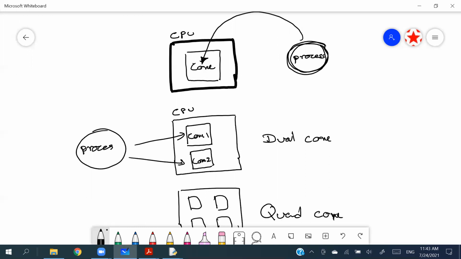It doesn't mean the entire process is executing inside both the cores, duplicating it. It's being divided into pieces. So one piece will be executed inside this core, and the other one is going to execute in the other core. So what happens is the efficiency will increase.